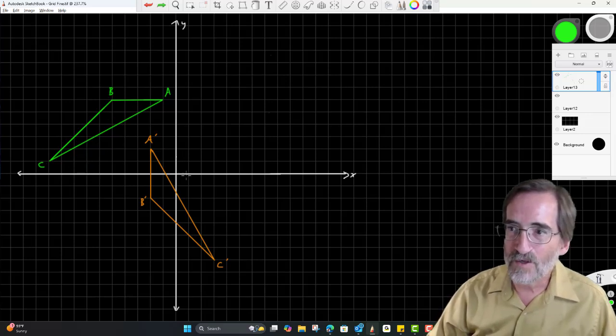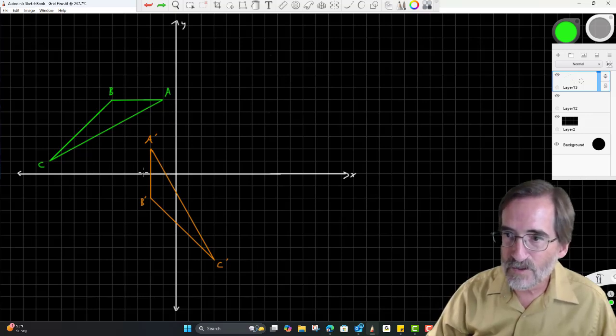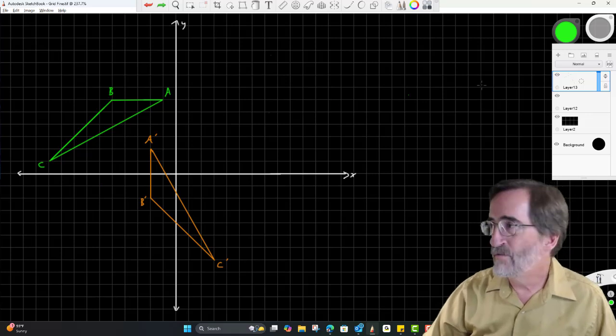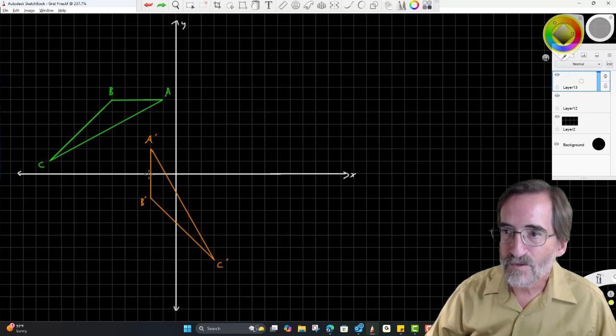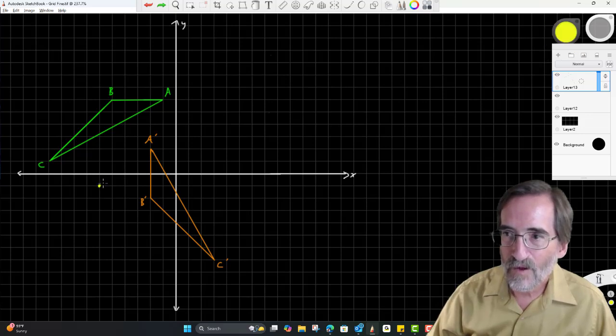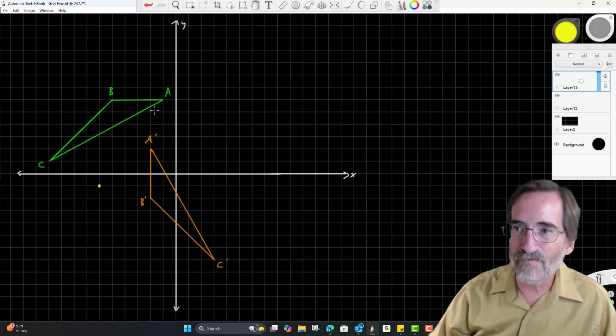But the key is to use the numbers: 2, 4, 6, and negative 1. There we go. There's our image, and let's change the color so it's not the same color here. So 2, 4, 6, negative 1. Okay, so that's after rotating.